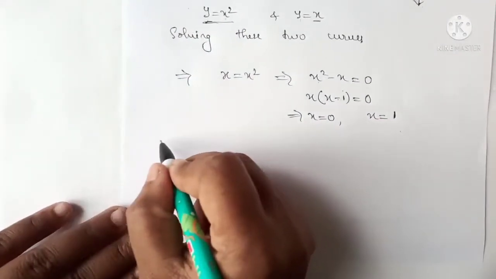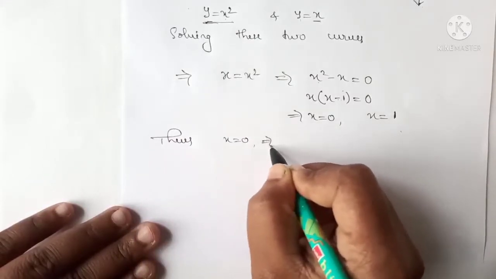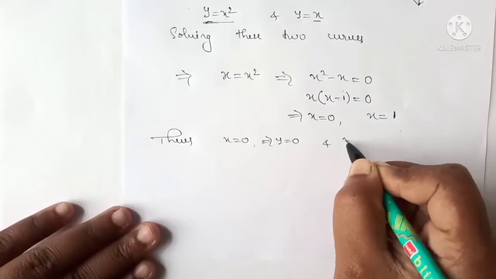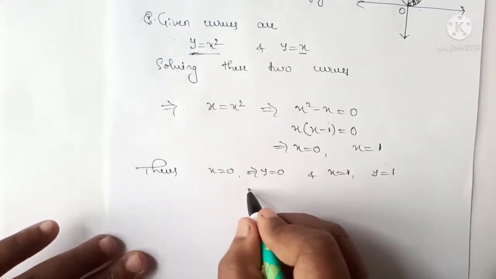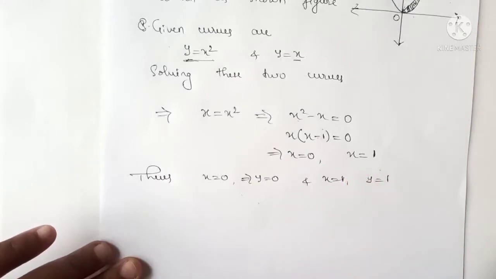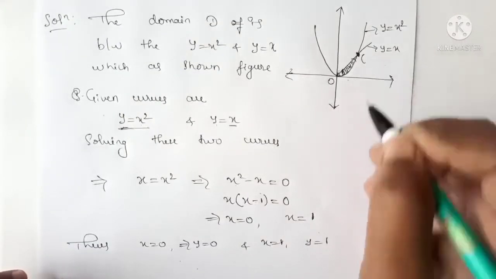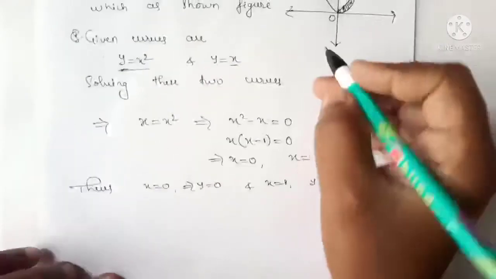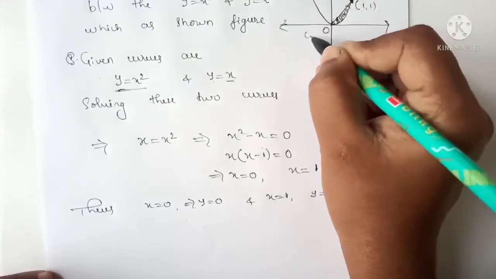Thus when x equals 0 we get y equals 0, and when x equals 1, y equals 1. Thus the points of intersection are 1 comma 1 and 0 comma 0.